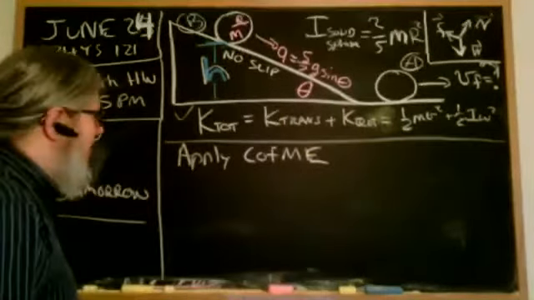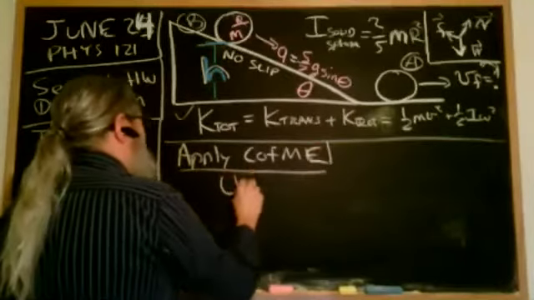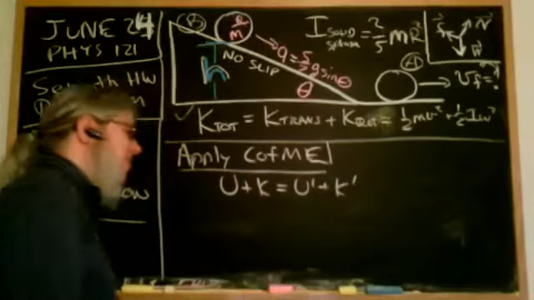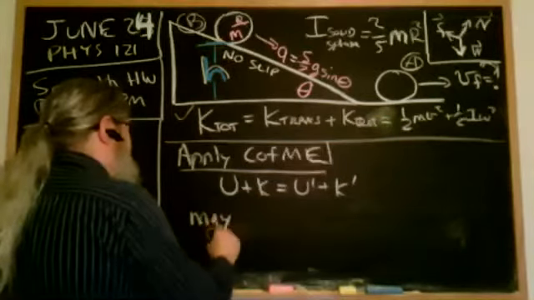So first, let's just write it all out. We say U plus K is equal to U prime plus K prime. It's always good to start with that step. U is going to be mgy.